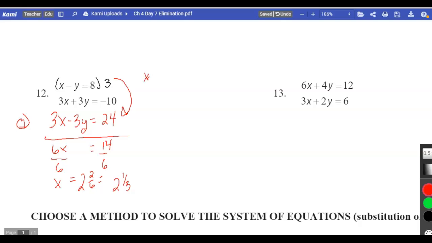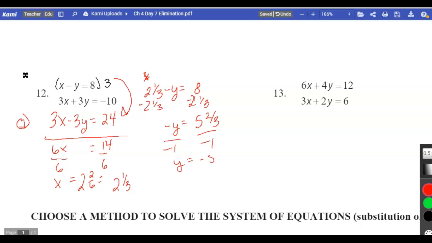X, we already know what x is, 2 1/3 minus y equals 8. So I subtract 2 1/3, and that leaves me with negative y equals 5 2/3. And I divide by negative 1, y equals negative 5 2/3.